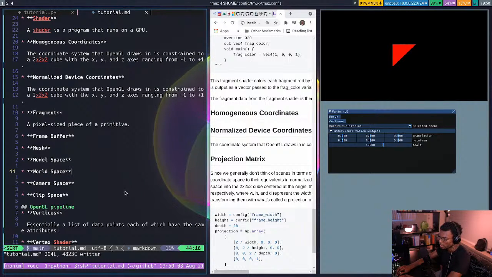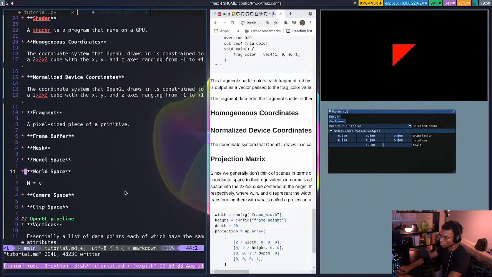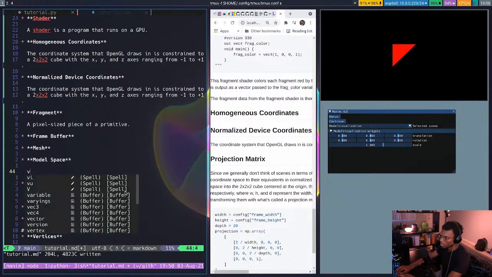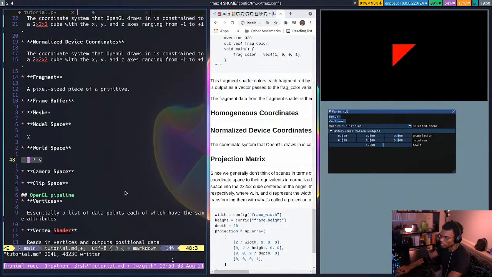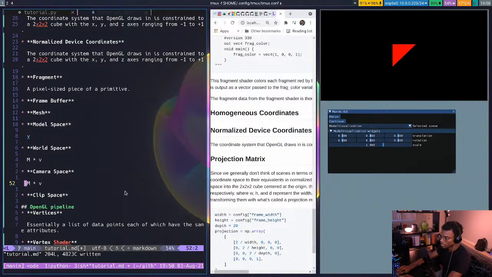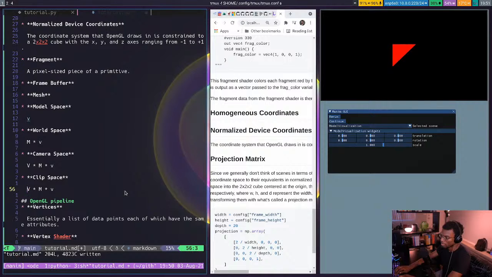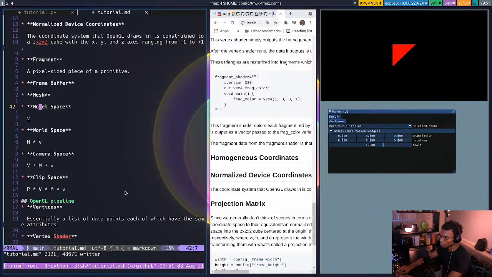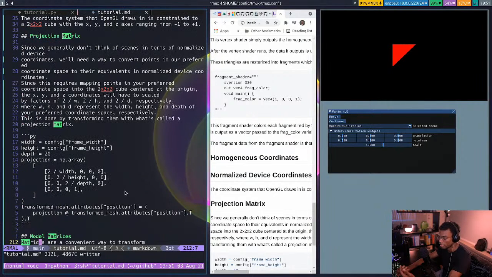World space is you take every point and multiply by the model matrix. Basic model space is just the points. World space is you multiply by the model matrix. Camera space is you multiply by the view matrix. And clip space is you multiply by the projection matrix. So it could be done, we just have to make sure it doesn't break random stuff.